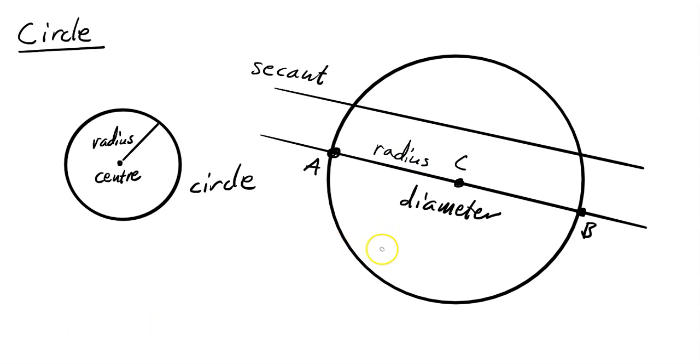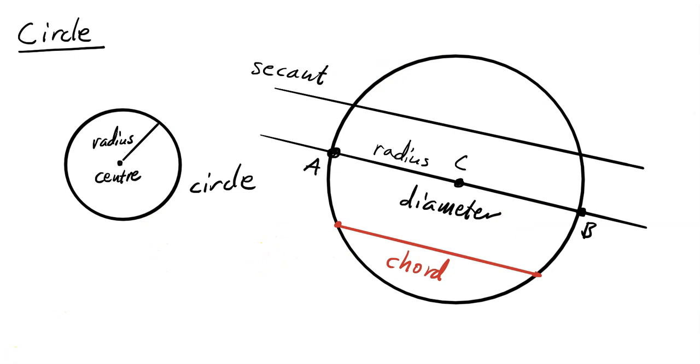The diameter is also a special case of a chord. If you take 2 points on the circle and connect them with a line segment like this, then this is called a chord. So a diameter is a chord that goes through the center of the circle.